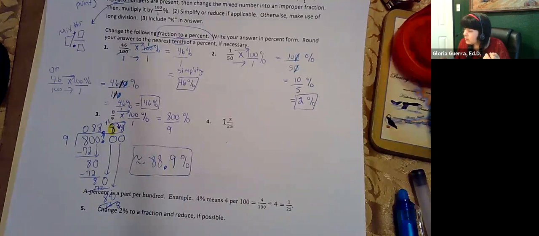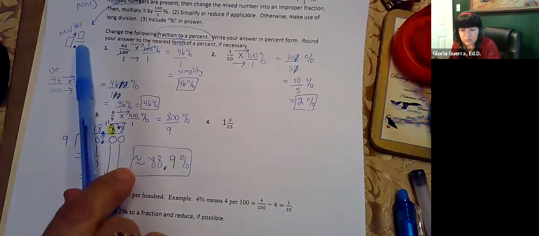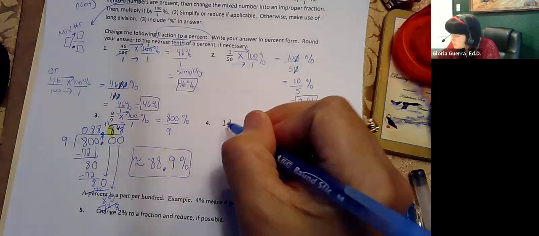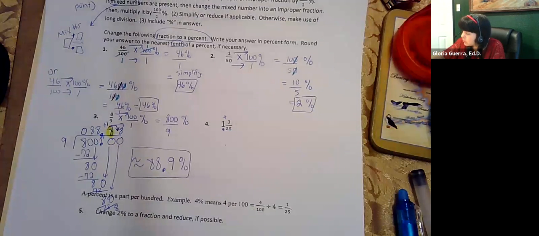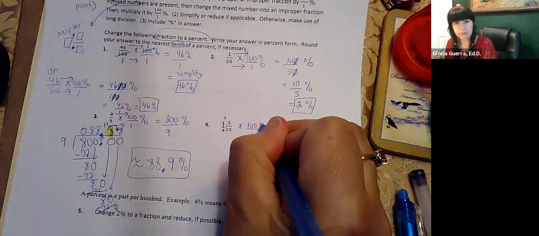Okay, now on number 4, you have that mixed number. Remember they're talking about this mixed number? So on this mixed number, I'm going to do a little times here and a little plus for that. And then I'm going to still multiply it by 100 over 1%.